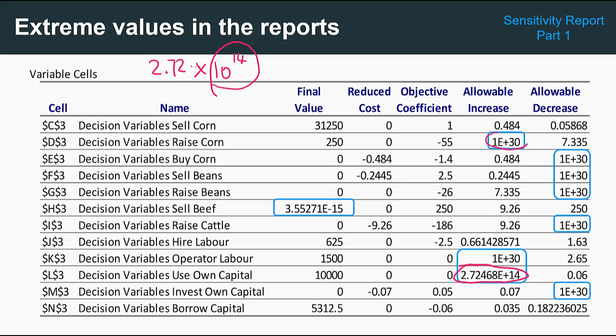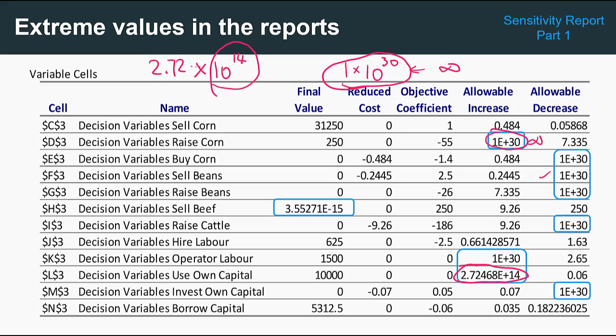If you see this number, that means it's 1 times 10 to the power of 30. This is, I believe, the largest number that Excel can handle. If you ever see this number, this is infinity.